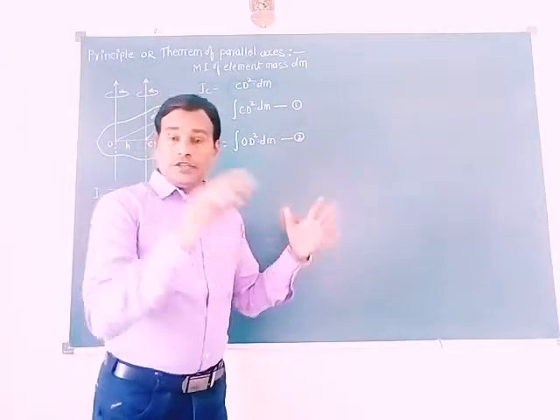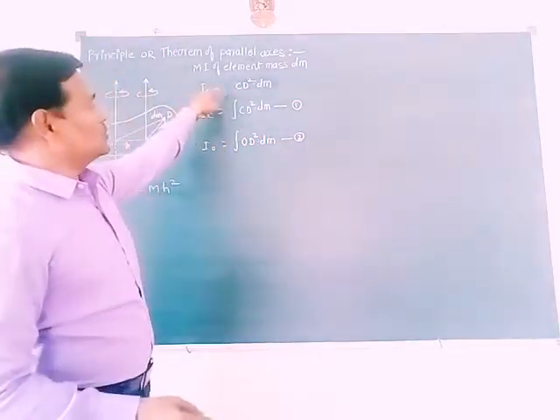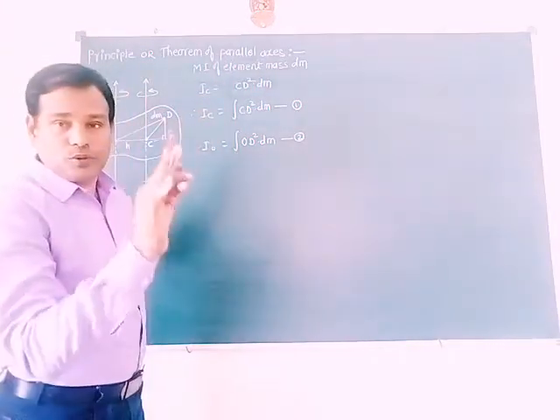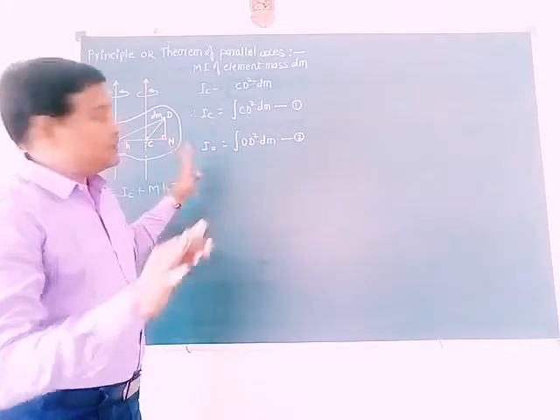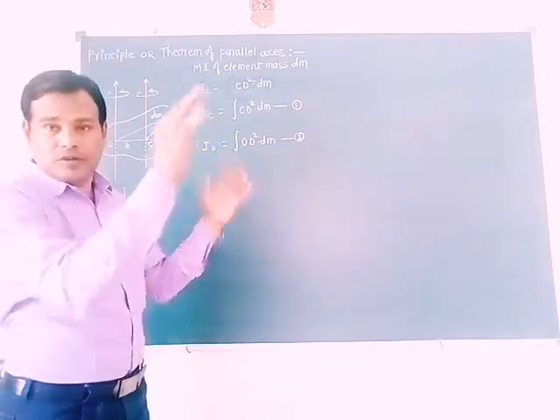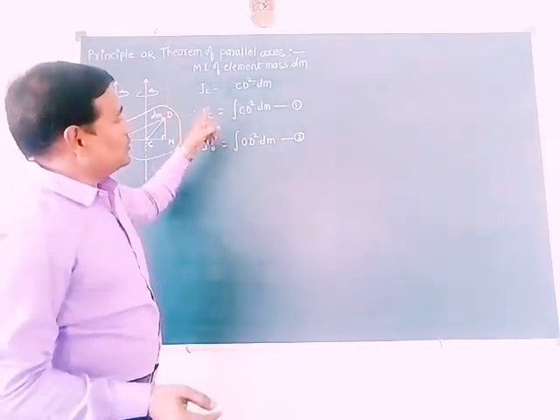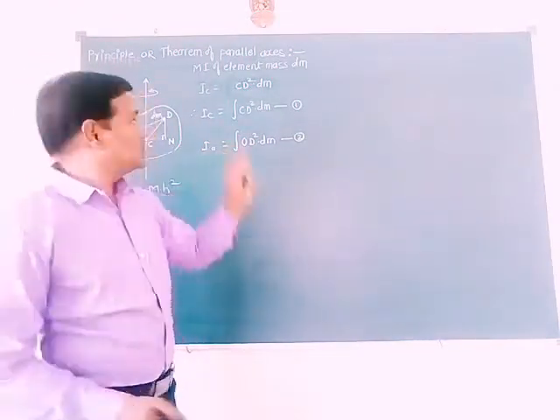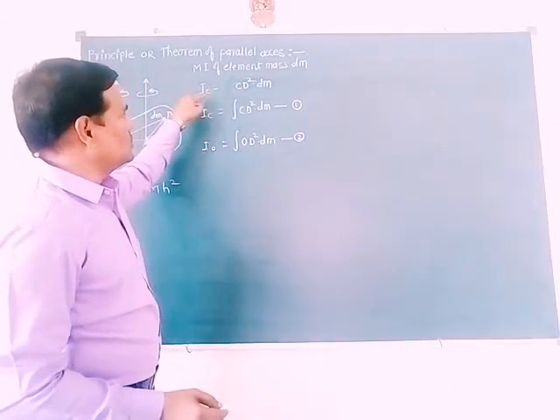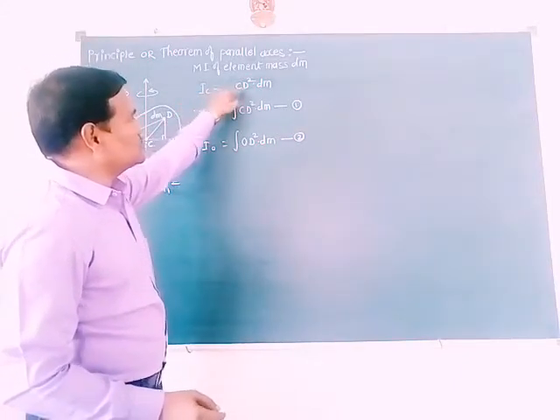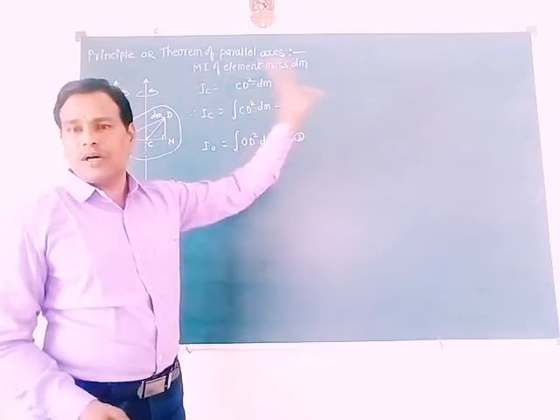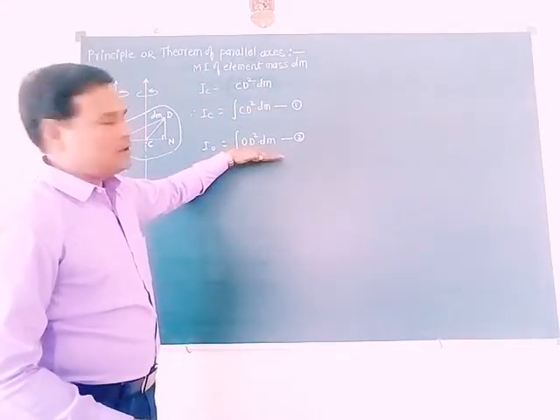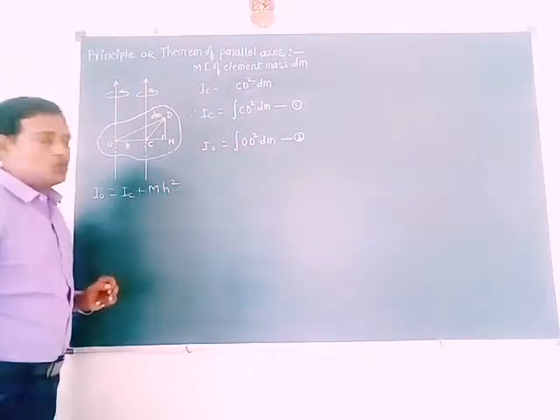This is the moment of inertia of the total body. This was the moment of inertia of only the element mass. One thing must be clear: when we take integration, it is for the total body. When we are not using integration, it is for only the element mass. For dm, about the center of mass, IC equals CD square into dm, distance square into element mass. For the total body, it is integration, about the axis passing through point O.